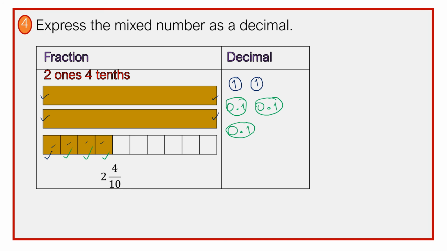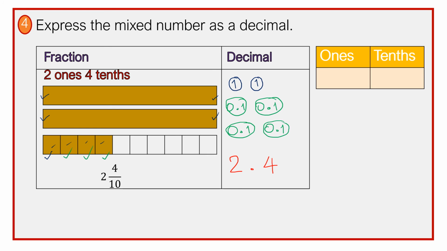So all together I get 4 tenths. Now my number becomes 2.4. Okay? Now we can put this in the place value chart.